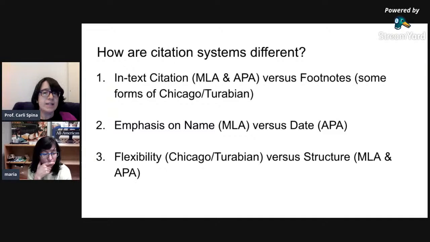Next, as we mentioned, there can be a difference in what you emphasize. For example, in the MLA style of in-text citation, there's more of an emphasis put on the name. That's because in the humanities, they feel that it's more important that you focus on who had the thought and who the person is who originated the idea that's being discussed and came up with the language.